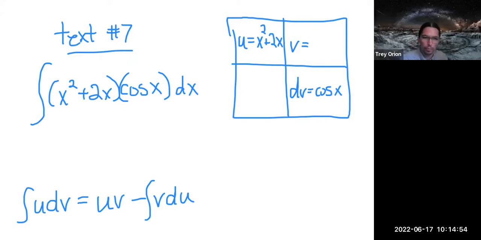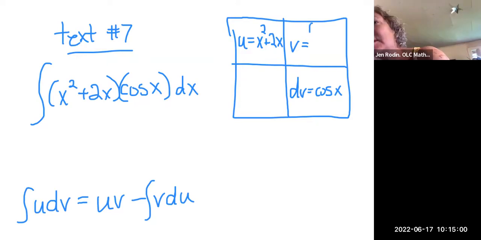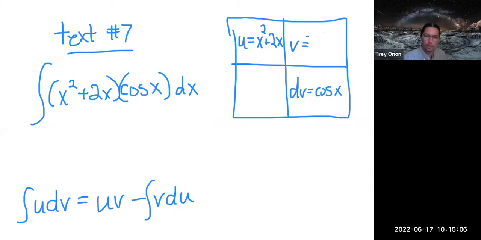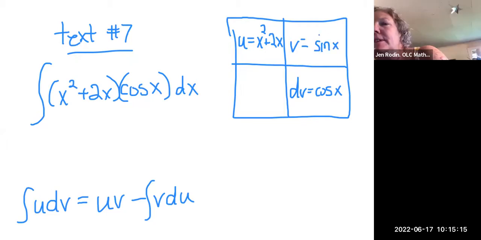So v is sine x. V is always the integral of dv.